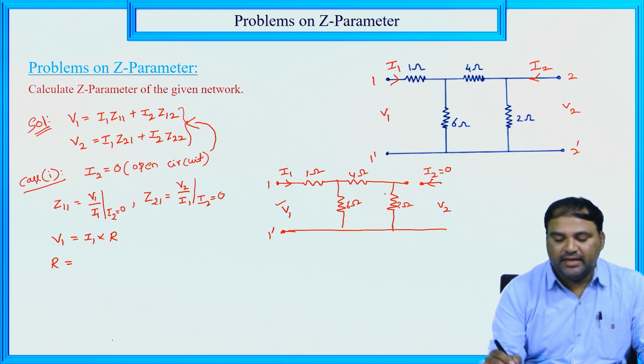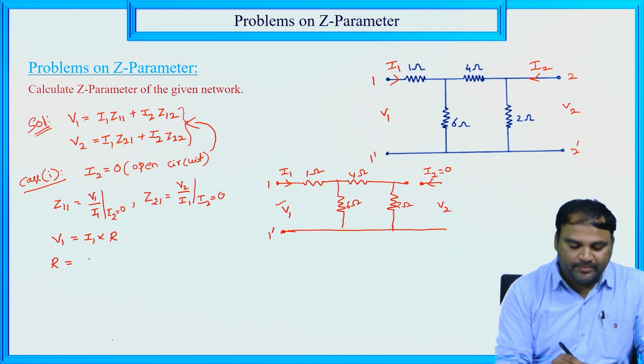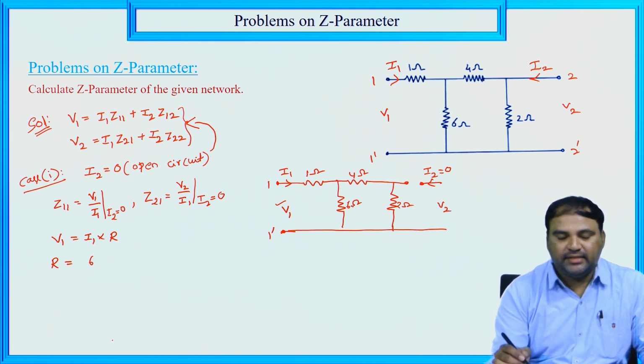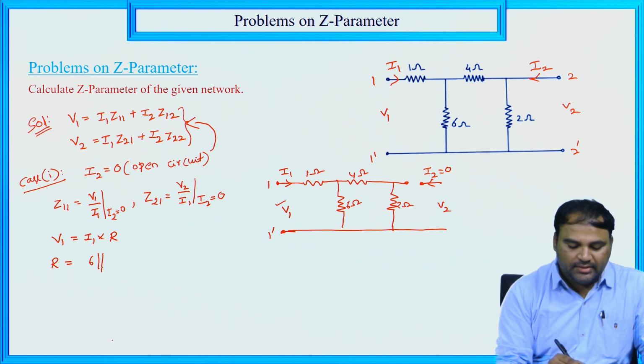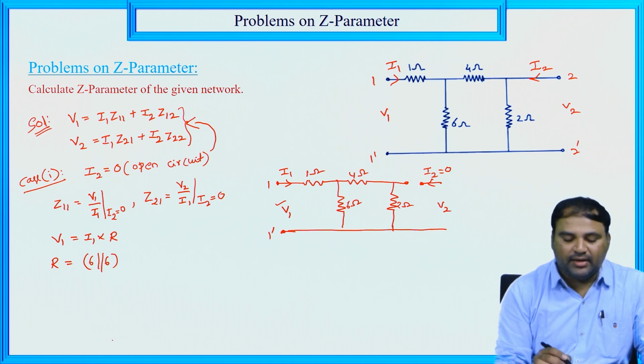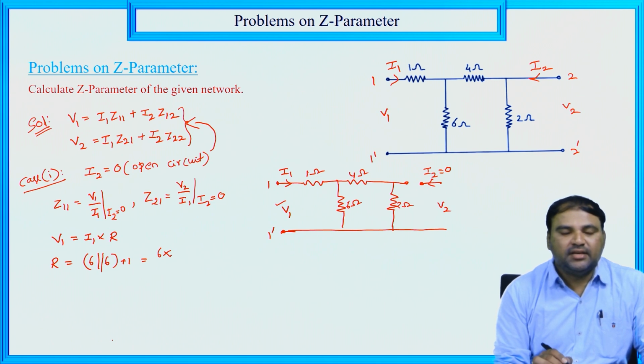There, 2 ohm and 4 ohm are connected in series, so 4 plus 2 is 6. This 6 is in parallel with 6 ohm, and the combination is in series with 1. Already we know that for two resistors in parallel, the total resistance is R1 R2 divided by R1 plus R2.